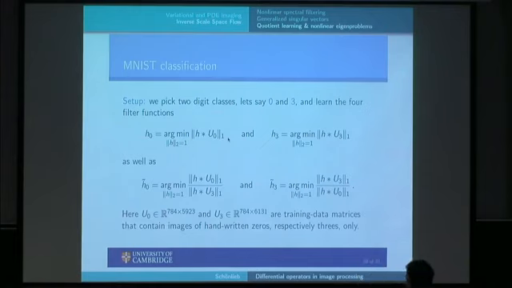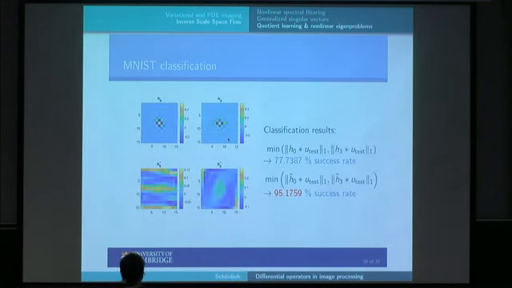So the first one are the H0 and H3, and the one with negative examples are the tilde versions of those. Okay? And this is what comes out. These are the optimal H0 and the optimal H3 from the first experiment, and these are the optimal tilde versions of those from the second experiment with negative examples.